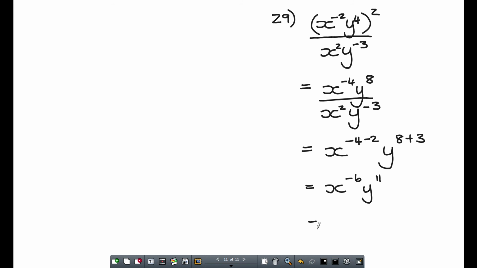Or you could have taken that x to the bottom, so it would be y to the power of 11 over x to the power of 6. Is julle reg daar? Good. Kan ek skip?